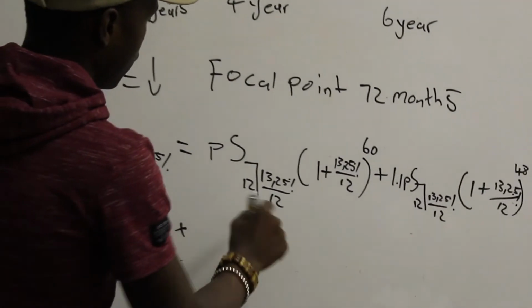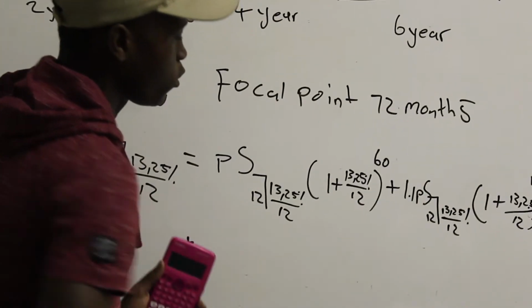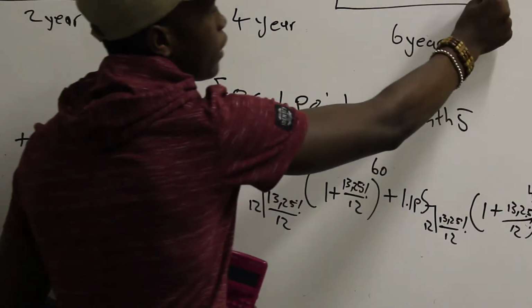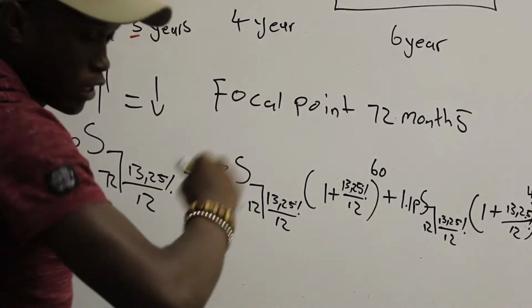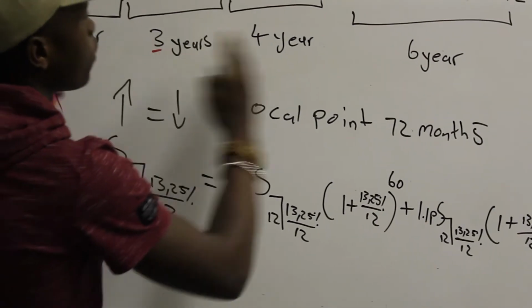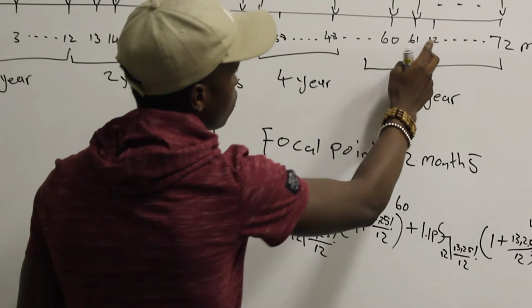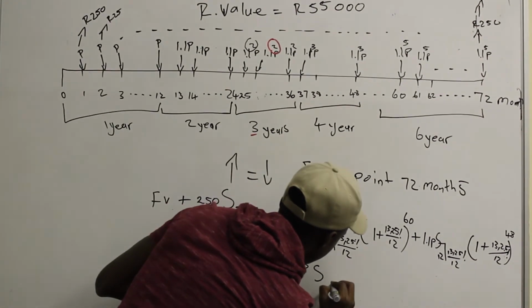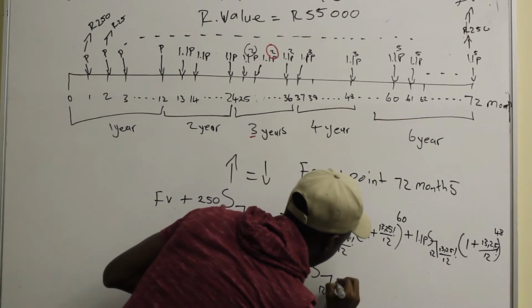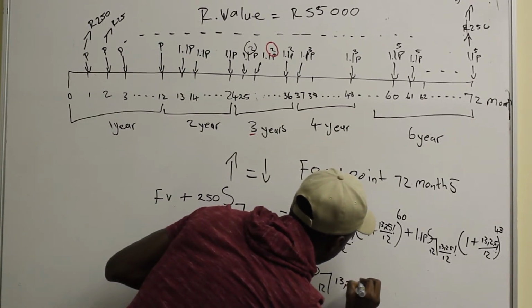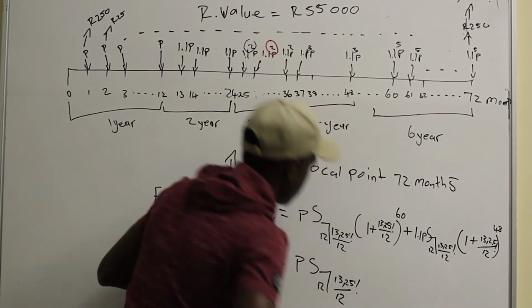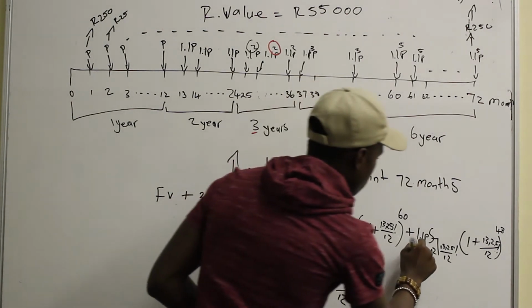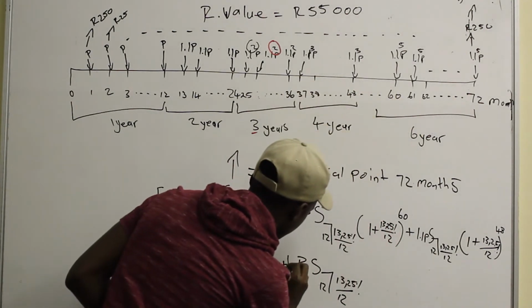Now I can see that each and every yearly payment is shifted forward until I reach this point, right? So we should just do that. Now I want to skip these two parts and go to this last one. So just saying P as 12, 13.25% divided by 12. Because this is 1.1 again, then here is 1.1 to the power of 5.